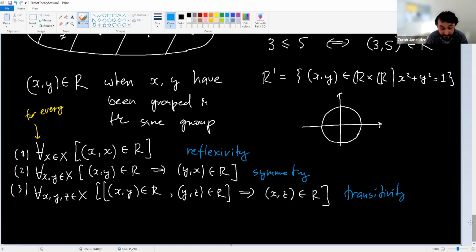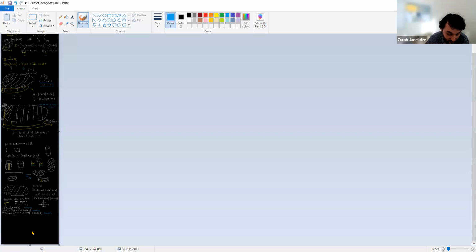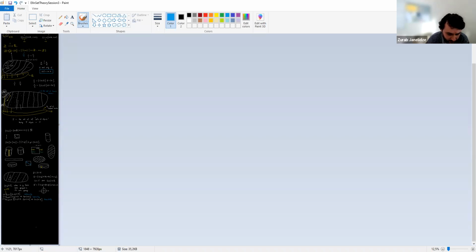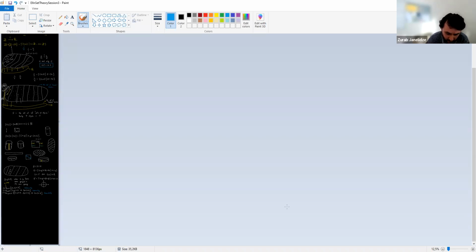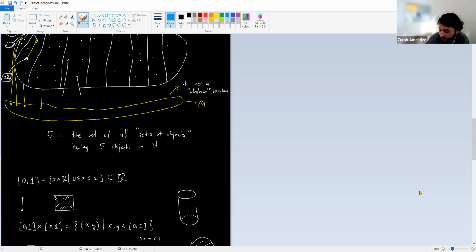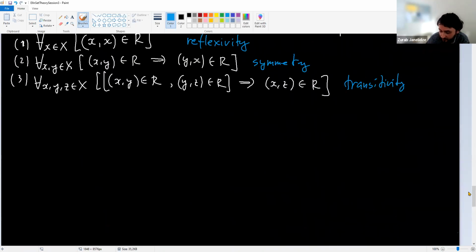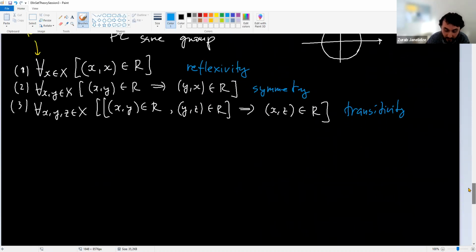And then it turns out that these 3 properties are enough to describe partitions. What I just said can be turned into a very precise theorem, a very simple but precise theorem in set theory. Even though I say simple, when students encounter it for the first time in undergraduate courses, it takes a while for them to wrap their head around it.